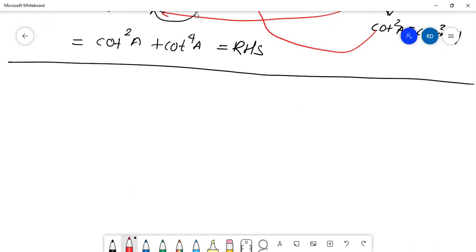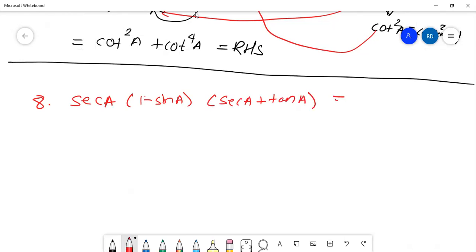The next one is the eighth one: sec A in bracket 1 minus sin A, and then sec A plus tan A, equal to 1.